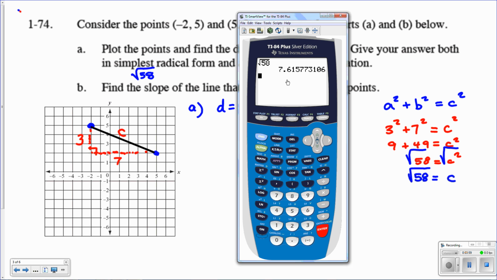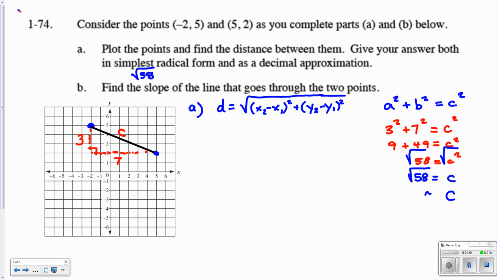And you're going to see we have 7.61577. The reason it's asking for an approximation is because it's irrational, so it's never going to end. We're going to have to round it off at some point, so let's just make it 7.62. So you can say here that C is approximately 7.62 units. That would be our answer for A.